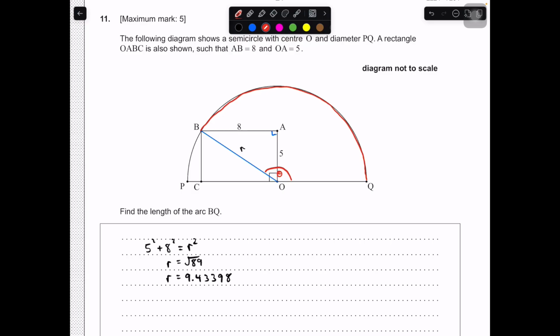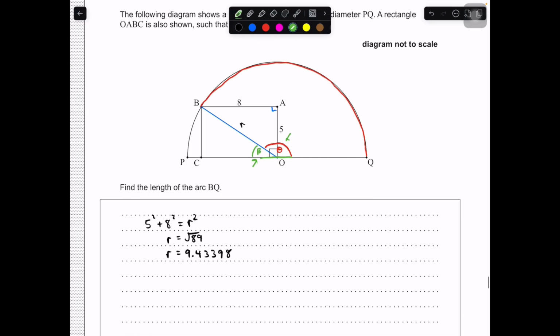Now it might be hard to find this directly, but if we know, for example, that angles on a line equal 180 degrees, if we can find this angle, let's call it beta right here, then we should be able to take 180 minus this angle, and then it will give us this red angle, this theta value right here.